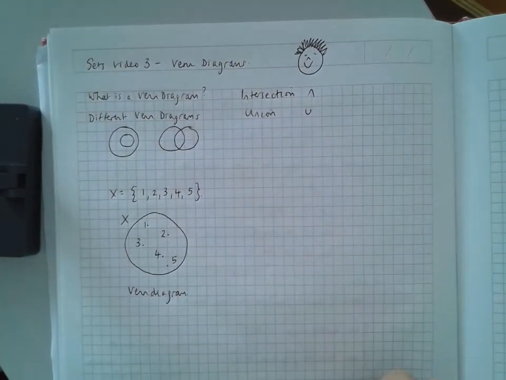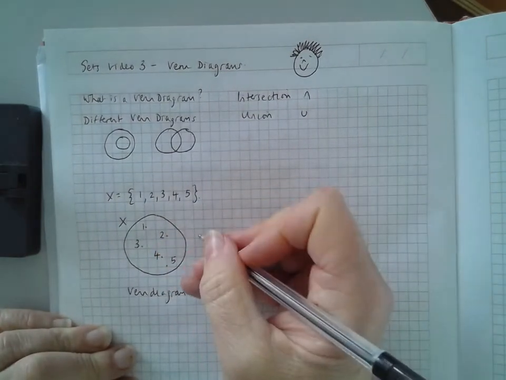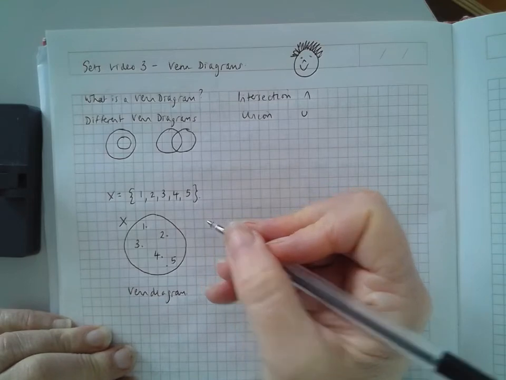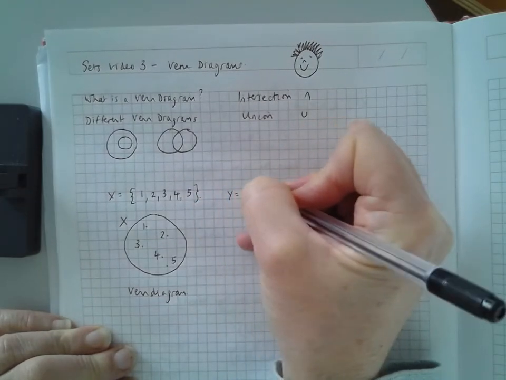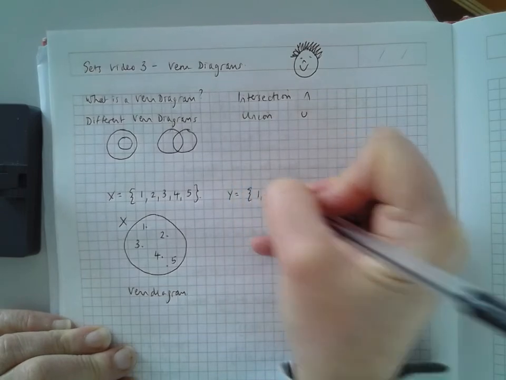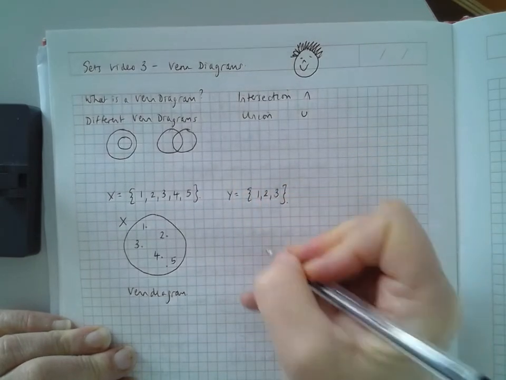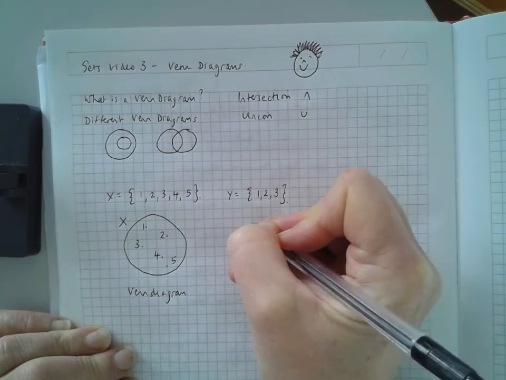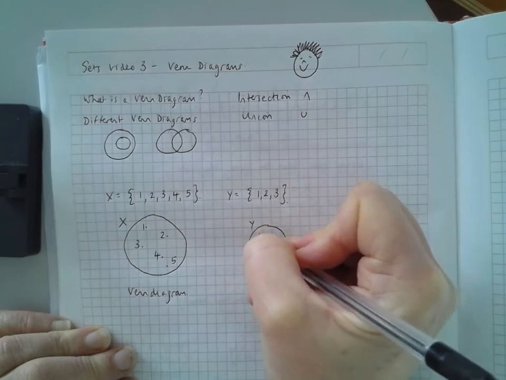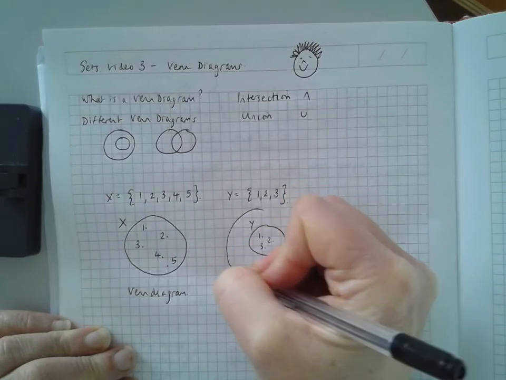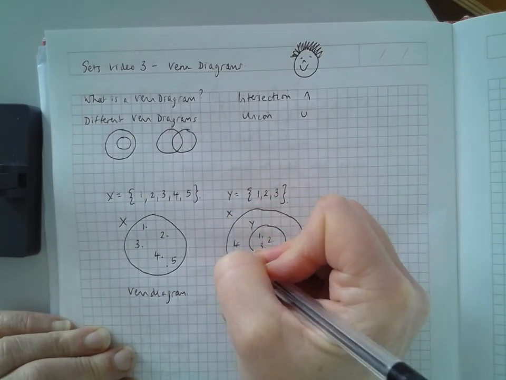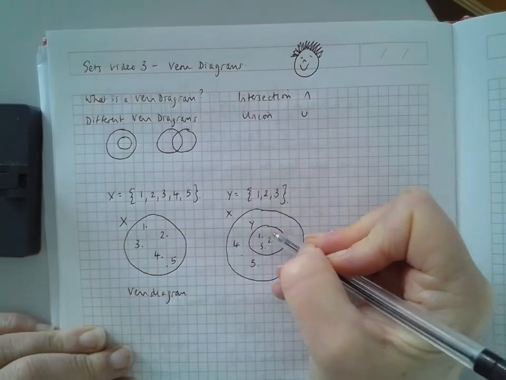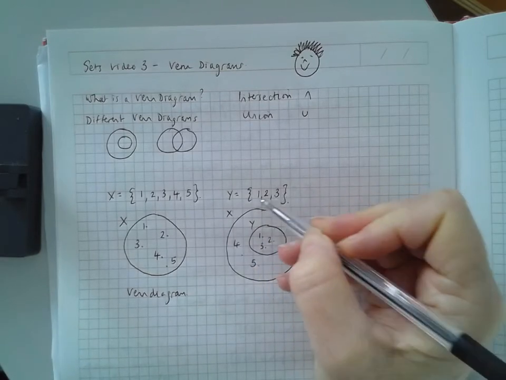It's a picture that represents the set X. Now, some Venn diagrams will take on different shapes to others. So for instance, say I had a set Y, which was 1, 2, 3. I might put set Y like this, 1, 2, 3, and I might put set X outside of set Y, and it would have 4 and 5, because inside set Y there's elements 1, 2, 3.